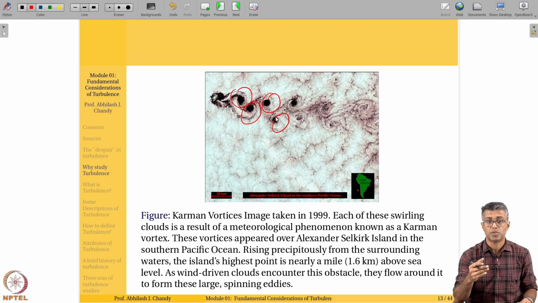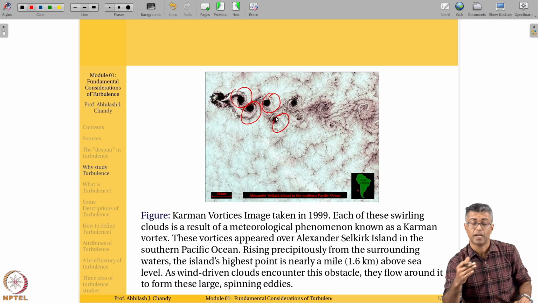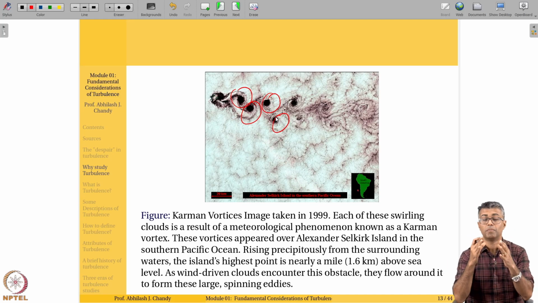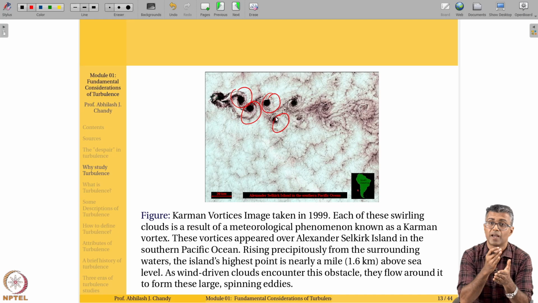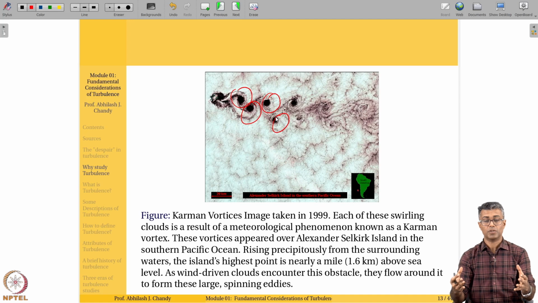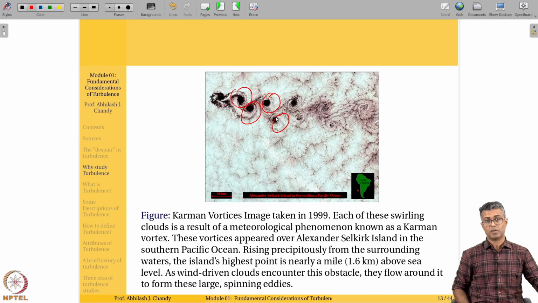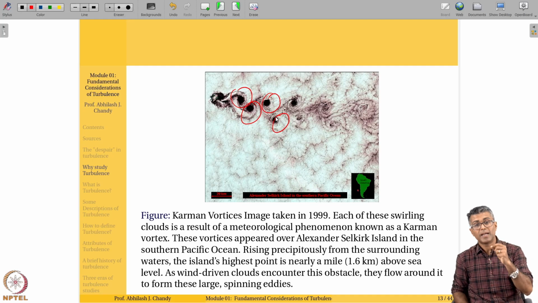How the weather changes, how hot do some of the seasons get, how hot does summer get, how cold does winter get, because these flows affect the transport of heat, which means it is important to try and understand turbulence. So in a sense, this is all a continuation of the question we were trying to answer earlier. Why study turbulence? This is an example of something that we see in nature where it is important to understand these patterns.